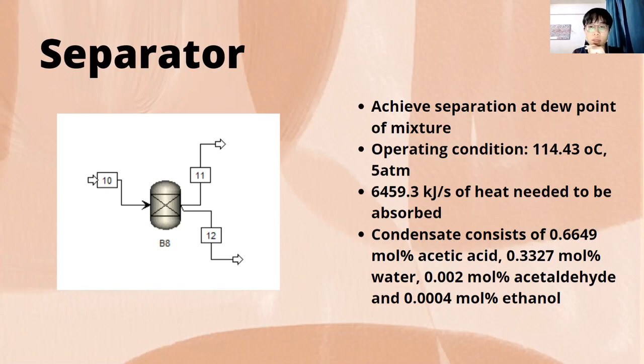Water is circulated through a jacket surrounding the separator to absorb the heat released and maintain the temperature of the unit. 6,459.3 kilojoule of heat per second is required to be absorbed in order to cool and condense the hot gas product.